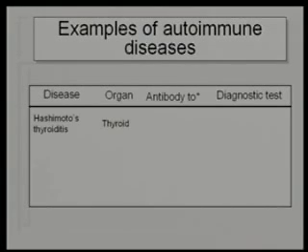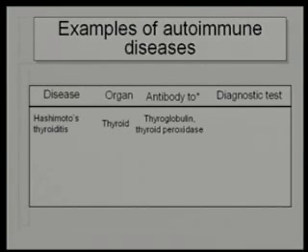Hashimoto's, the thyroiditis: antibodies to thyroglobulin and thyroid peroxidase. If the antibody is against the tissue, okay, what sort of immunological test are you going to use? Dr. Mayer told you about it.